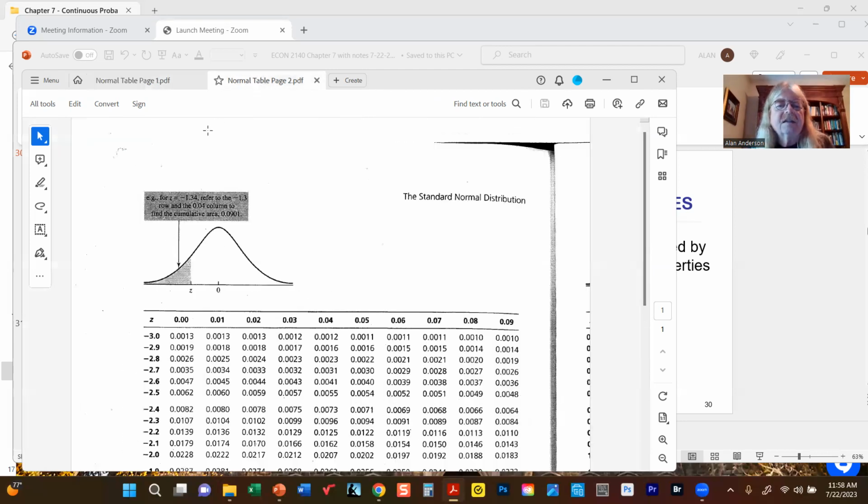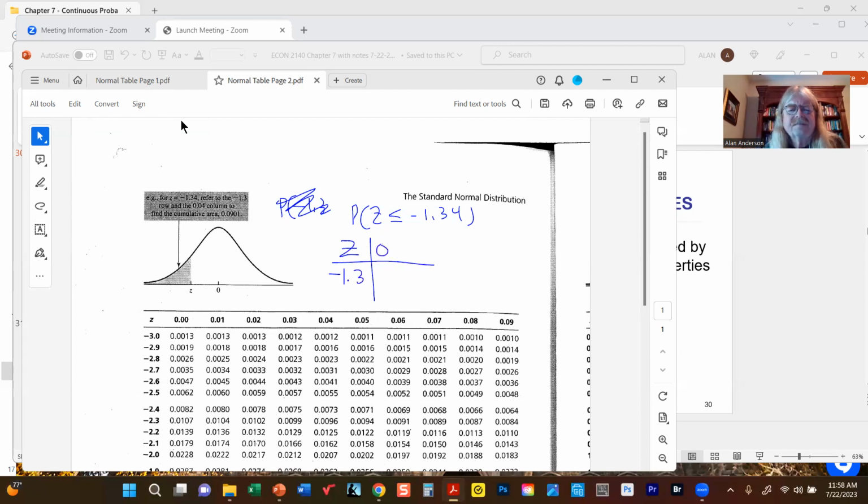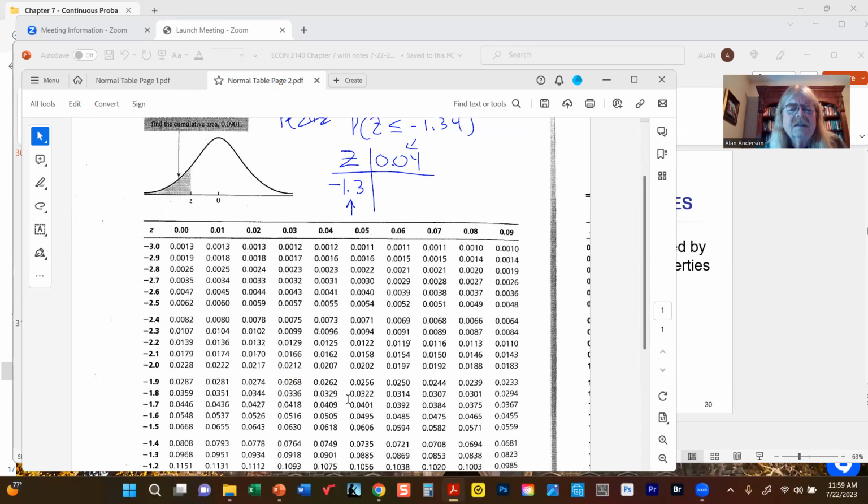The negative is exactly the same. This one is negative, they've chosen negative 1.34. So you're going to break it up into, now the way they've written it, it's a little strange. There's a negative down the first column, but not in the first row. I don't know why they're doing that, but this is the way it's done.